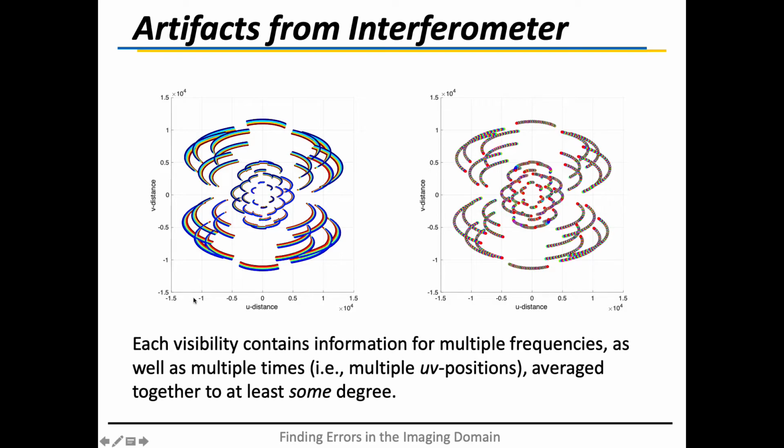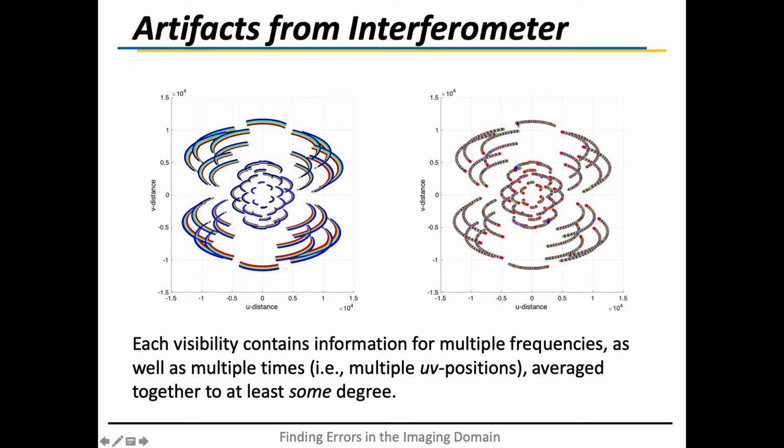So when you average data, when you have a block of data that you've averaged together, if you have low frequency information merged with high frequency information, you can actually have visibilities that are technically probing different pieces of the UV plane being smushed together.